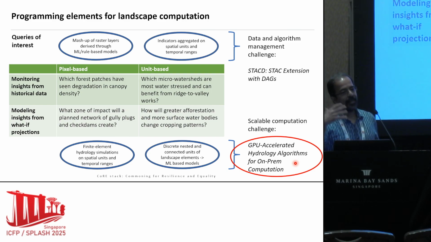But they don't operate on very fine timescales like ours. Rather, it's daily temporal updates that they do. Or the spatial units they consider are quite large, 1 km square or larger, and not pixel level, 30-meter resolution. And largely they're all CPU based. So that's where there's an opportunity to recode many of these algorithms.